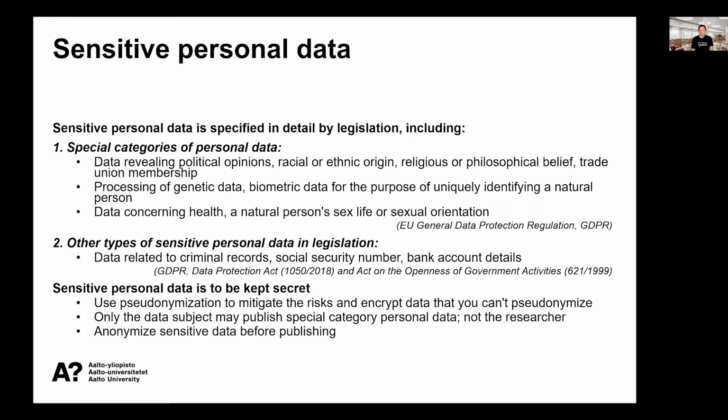And those include things like racial origin, religious beliefs, and data concerning health, which is a large part of these, for example when we are dealing with the health and well-being research sector. And also in Finland, data related to criminal records, social security number, and bank account details are considered to be sensitive personal data. And this data is to be kept secret if you get it.